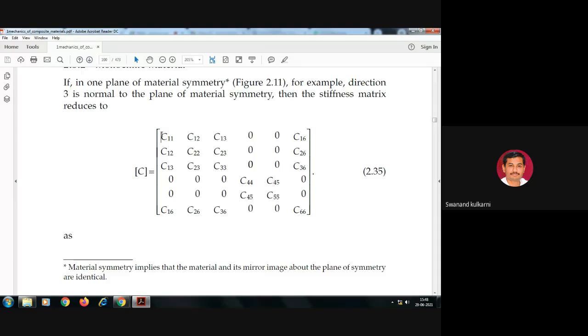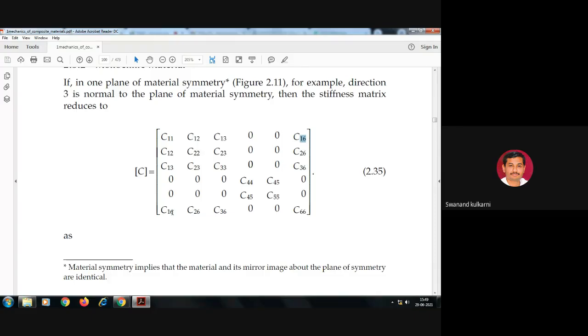But if we count exactly, we will come to know that there are only 13 parameters, because C11 is different, C12, C13, here C16 is present. That C16 which is represented here, the same C16 is present here, because C16 is nothing but C61.